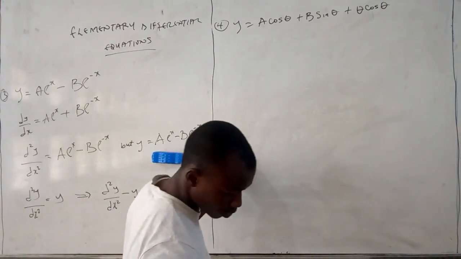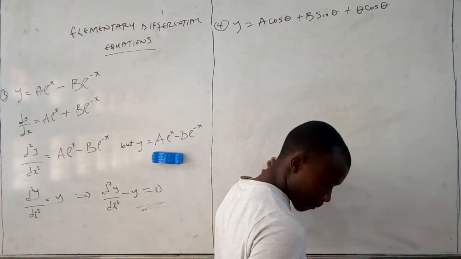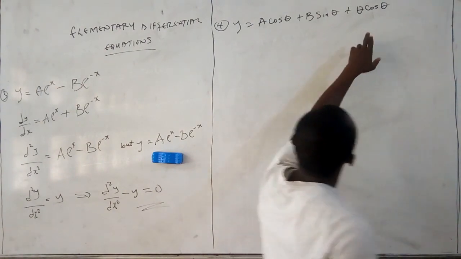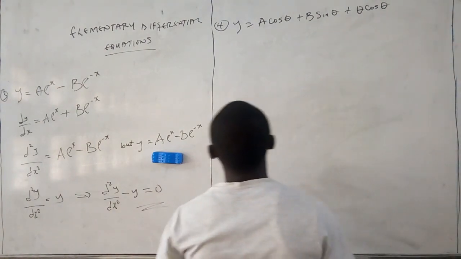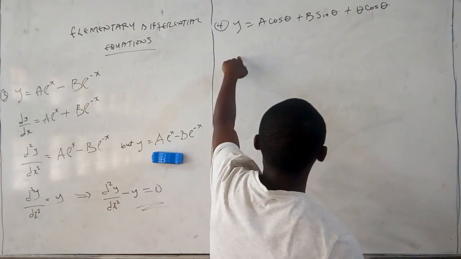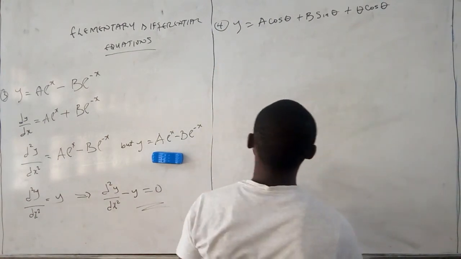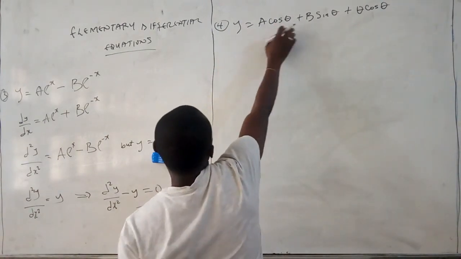Here the unknowns are 2 also, because theta is a variable here, because we are differentiating y with respect to theta. So theta is not unknown. Our unknowns are A and B.